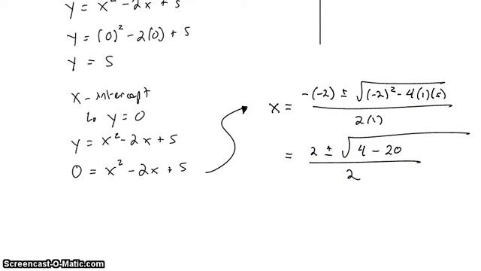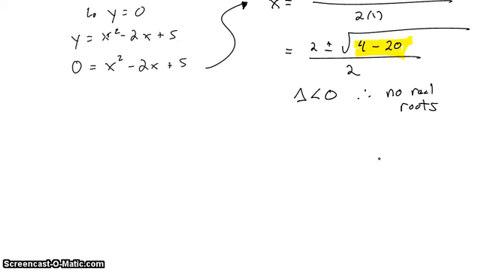And here I see my problem, right here. I see that the discriminant is going to be less than 0. I'm going to have the square root of a negative number. Therefore, there are no real roots, no x-intercepts. This is enough to sketch the graph, so I'll move on to part 4.